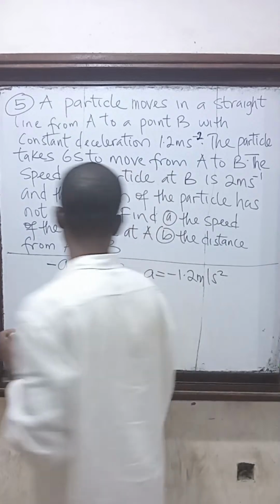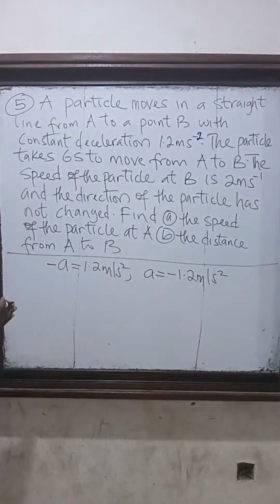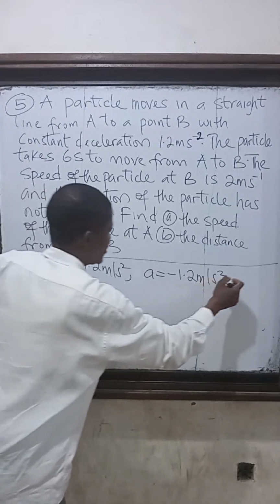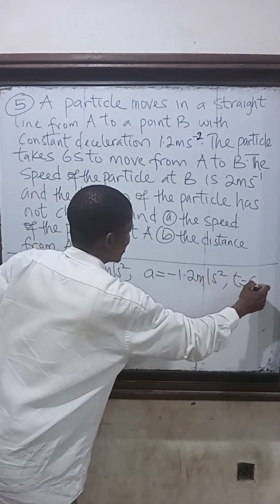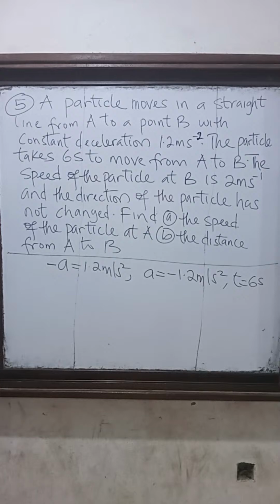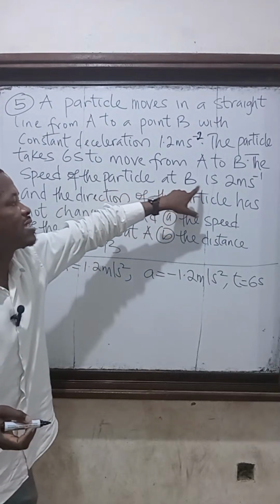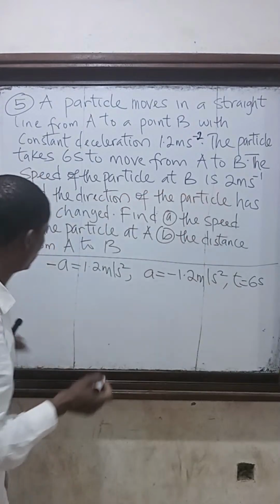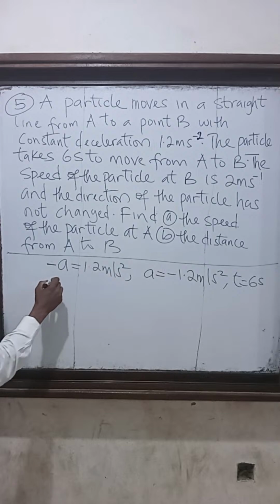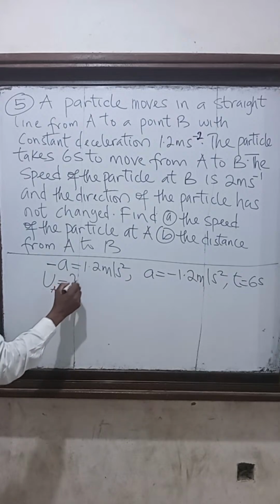Then the particle takes 6 seconds, so t is equal to 6 seconds to move from A to B. The speed of the particle at B is 2. The speed at A we are not told. At A, that will be u, the initial velocity, which we don't know.